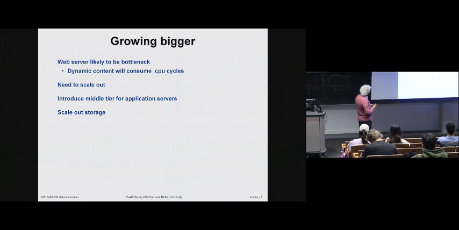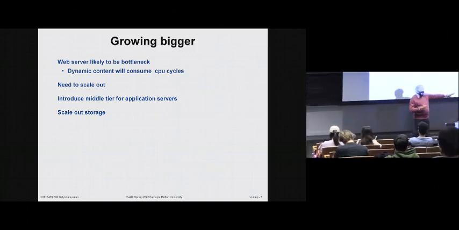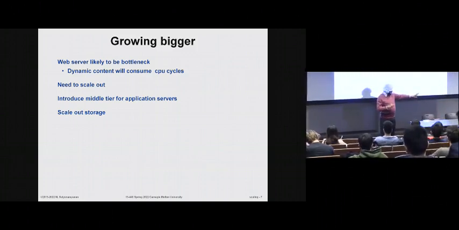So what you do is to introduce a middle tier called an application server, whose sole job is to use the storage backend, AFS and/or MySQL or some other database, and in a possibly user-specific way, combine it to create an HTML page.